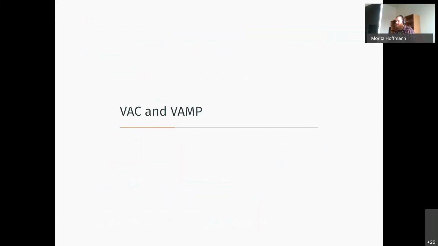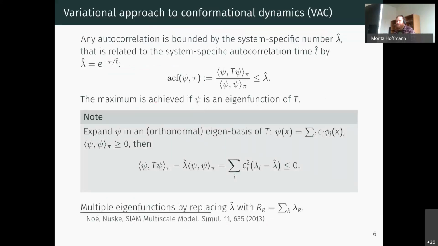And with this, I want to introduce first the VAC and then the VAMP. So the VAC came before the VAMP and is slightly less general than VAMP. And well, so let's take it bottom up, so to say.